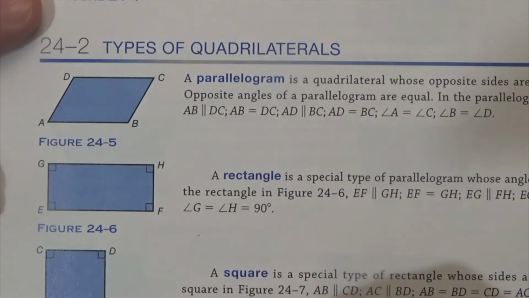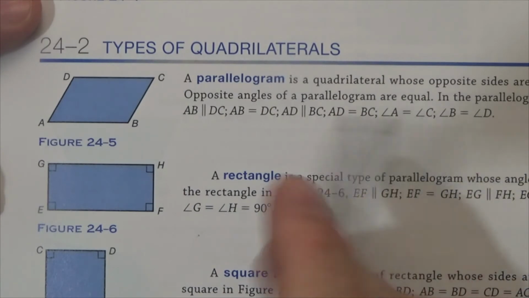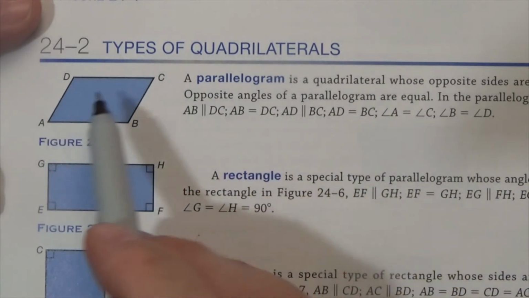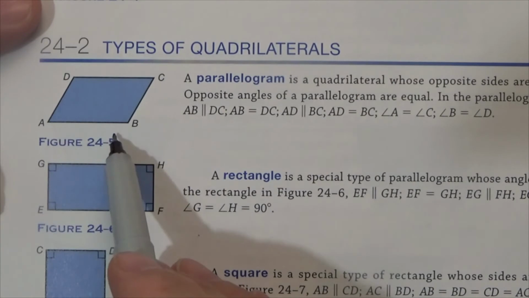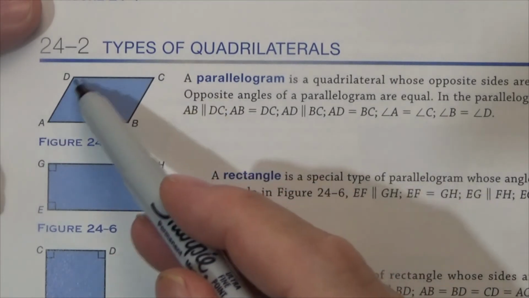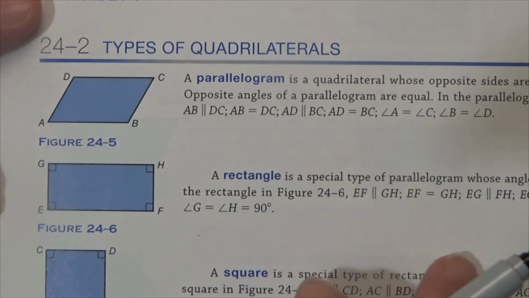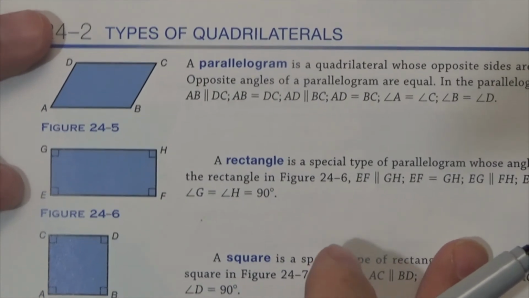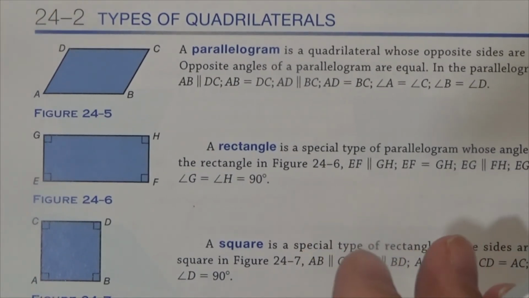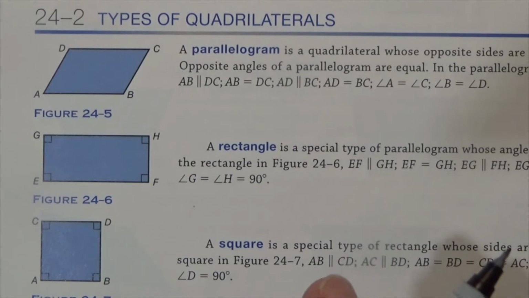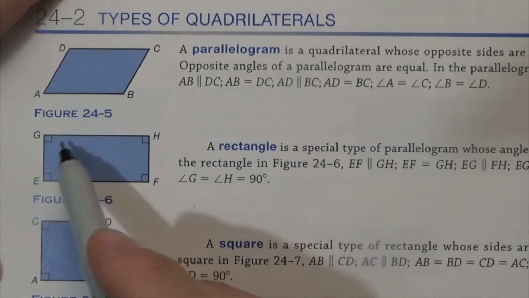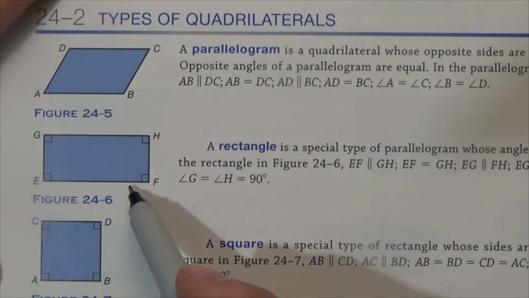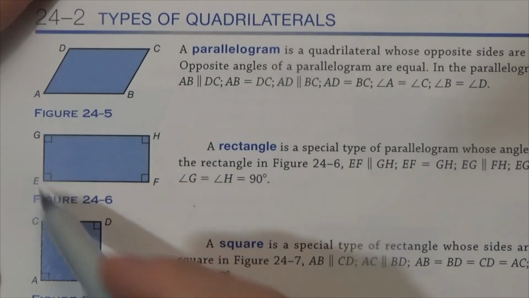All of these first 4 things we're going to talk about are all parallelograms because the opposite sides are parallel. So DC and AB are parallel, and CB and DA are parallel. Okay? A rectangle. A rectangle is a parallelogram, but there's more specific things about a rectangle because this side and this side are parallel, and this side and this side are parallel.